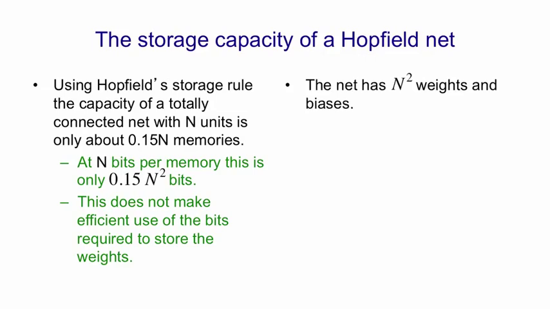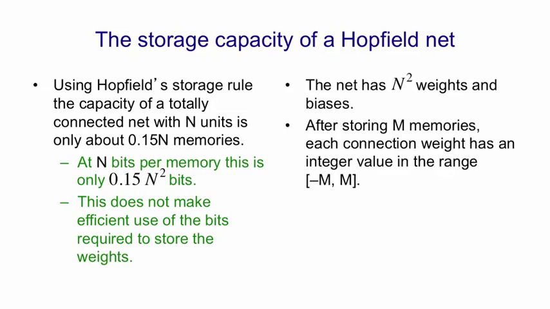There are n squared weights and biases in the net, and after storing m memories, each connection weight has an integer value in the range minus m to m. That's because we increase it by 1 or decrease it by 1 each time we store a memory, assuming that we use states of -1 and 1. Now, of course, not all values will be equiprobable, so we could compress that information.